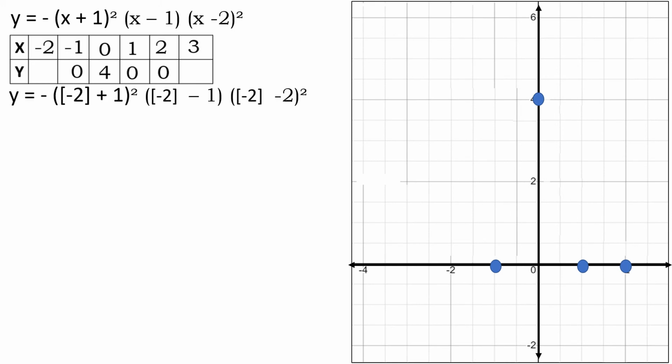Now, if x is equal to negative 2, substitute the value of x by negative 2. So, we have y is equal to 48. Ilagay natin siya sa table of values. Now, how will you locate 48? Negative 2.